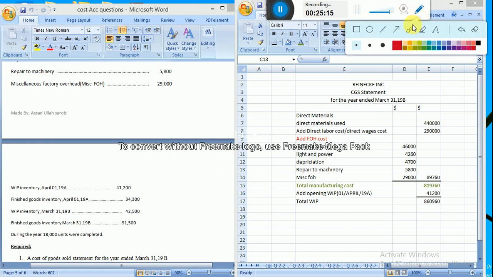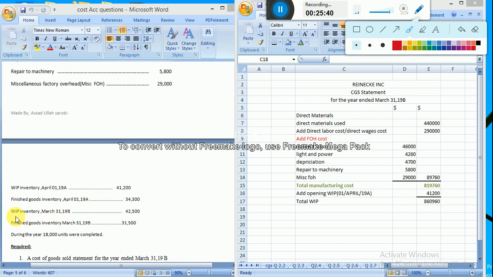Clear now? So what we will do, we will subtract that work in process which remains in the plant or machinery and was not converted to finished goods. That will be converted to finished goods in the upcoming year 19C.